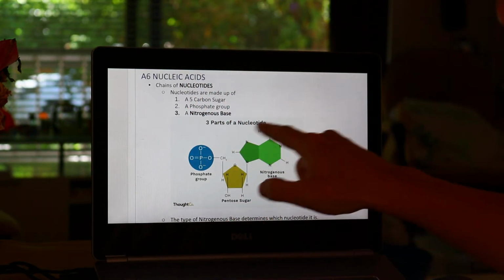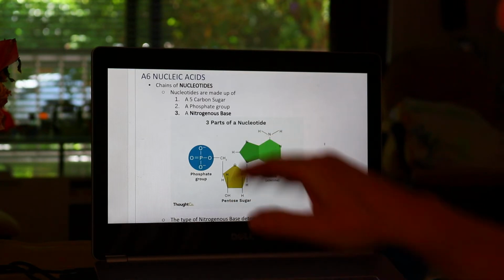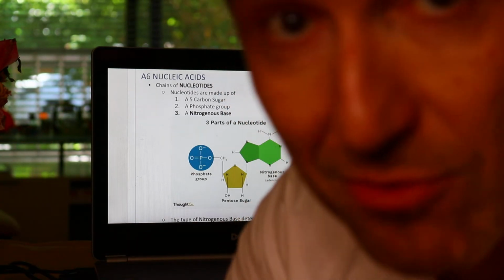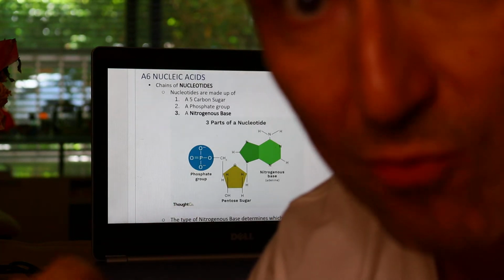It's just something that's basic. It's a little structure with nitrogen that is basic. And the base will determine which nucleotide the nucleotide is. The pentose sugar determines whether the nucleotide belongs to RNA or DNA.